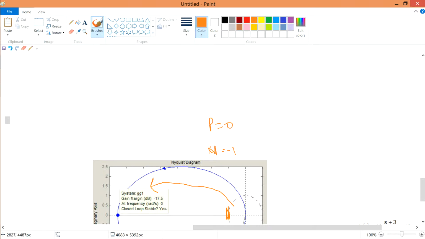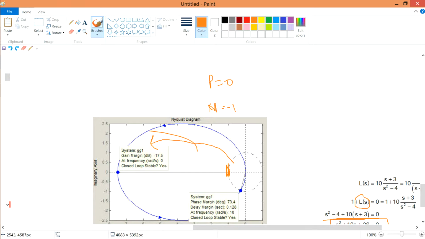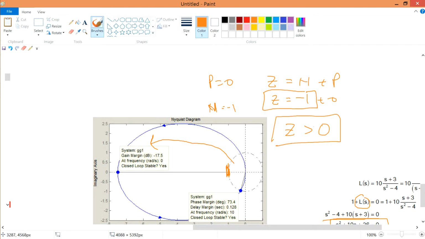We know that N is equal to minus 1, correct? Anti-clockwise, it encircles the minus 1 point. And we know that there are no poles in the right half plane, so P is equal to 0. Therefore Z is equal to N plus P, so minus 1 plus 0 equals Z. For the criterion, if Z is more than 0, it is unstable.